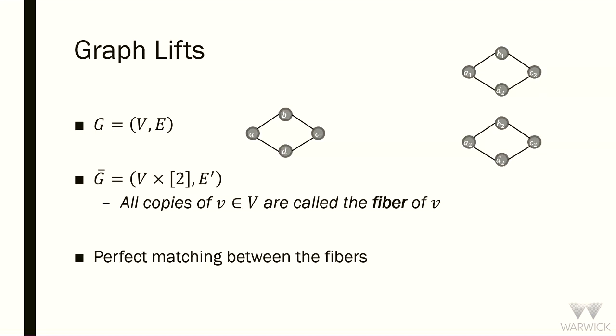Let's say you duplicated A to A1 and A2. These are called the fiber of A, the fiber of a vertex, and you connect two fibers by a perfect matching. So this is one lift, and this is another lift.